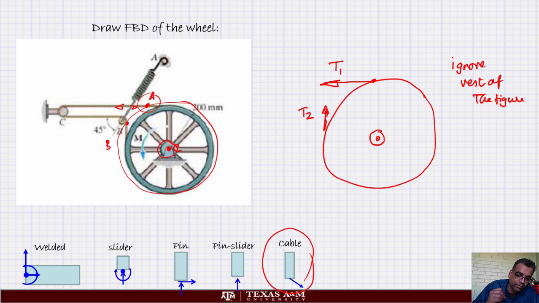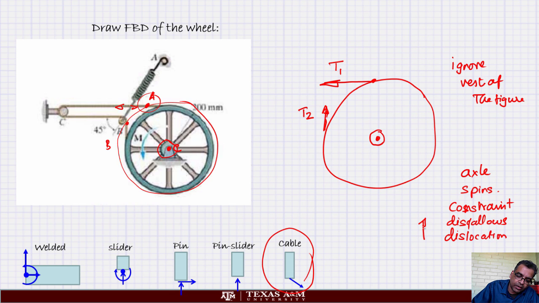Then point C is very interesting because this point is actually an axle and it is pinned. So the constraint force disallows dislocation of the shoulder.